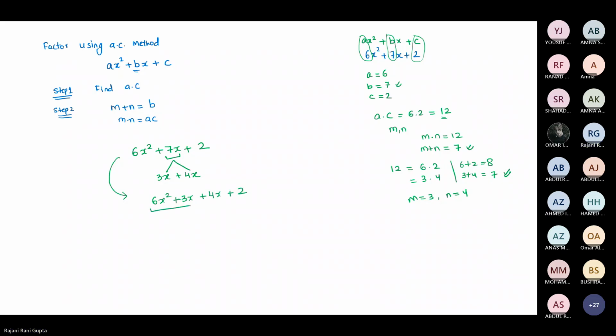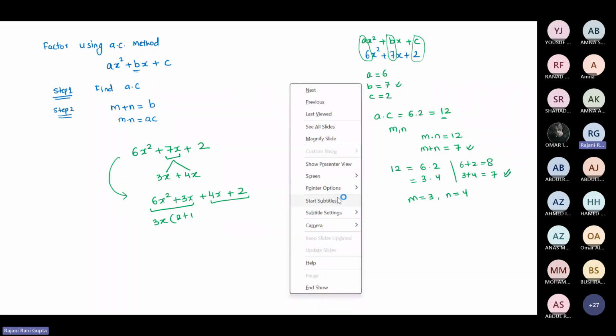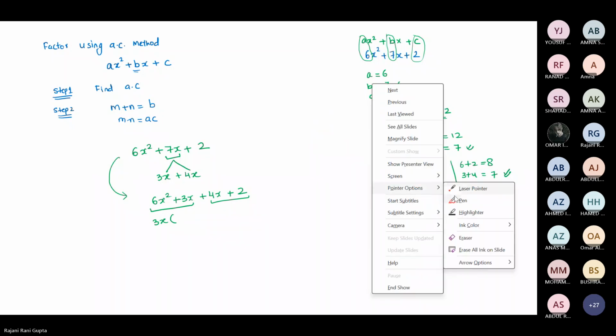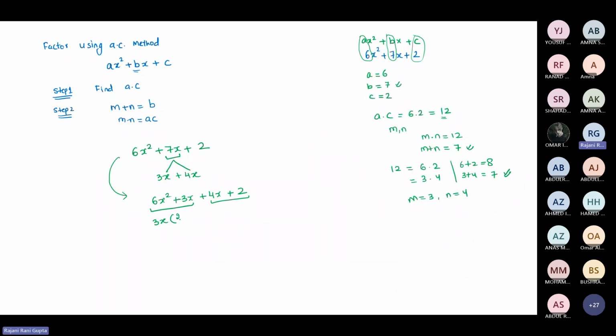Now make the grouping. Remember, we started grouping earlier. What is the greatest common factor here? 3x. You are left with 2x plus 1. And here you can take the greatest common factor as 2. So you are left with 2x plus 1, 3x plus 2.